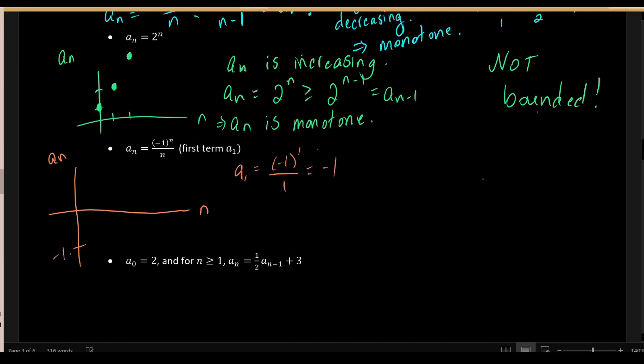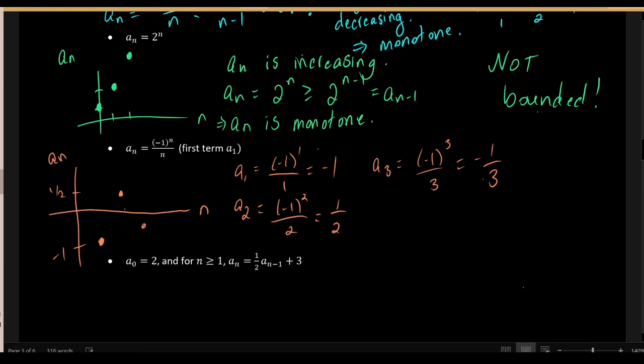So that's down here. When n is equal to 2, then we have +1/2, so that's roughly speaking up here. When n is equal to 3, we have (-1) to the power 3 over 3, which simplifies to -1/3. So that's back down here.